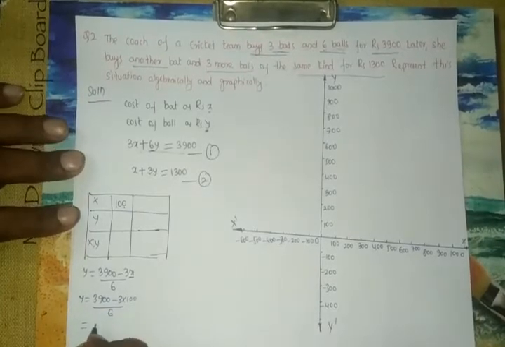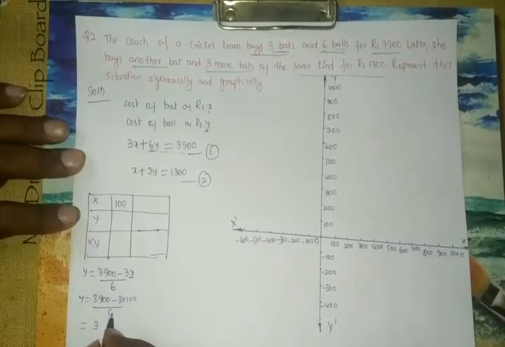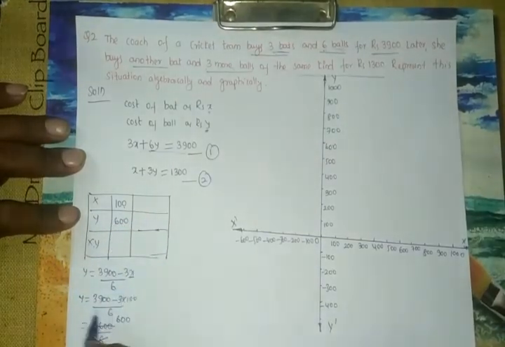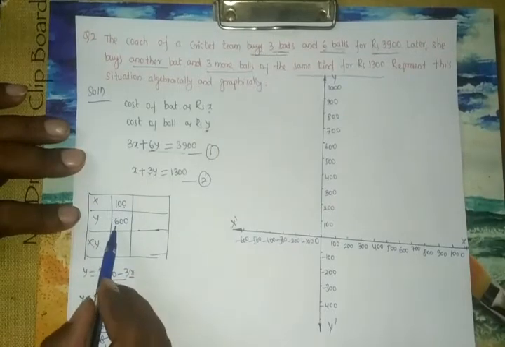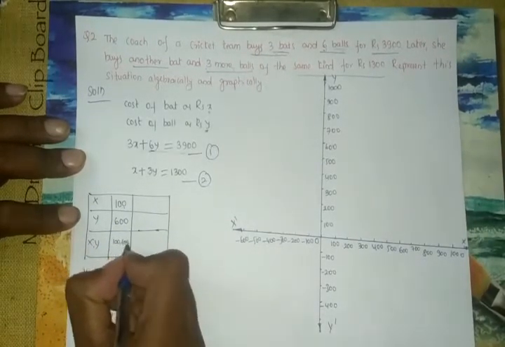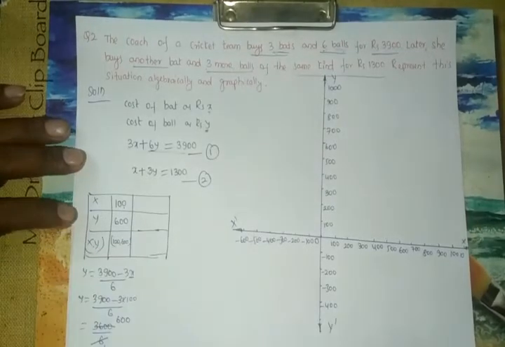So this will be 3900 minus 300 is 3600 divided by 6, 6 ones are 6, 6 sixes are 36, that is 600. So when x is 100, the value of y is 600. This is 100 comma 600.